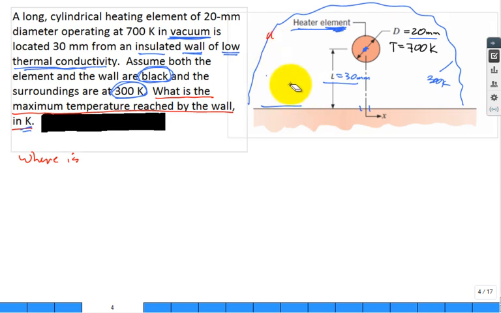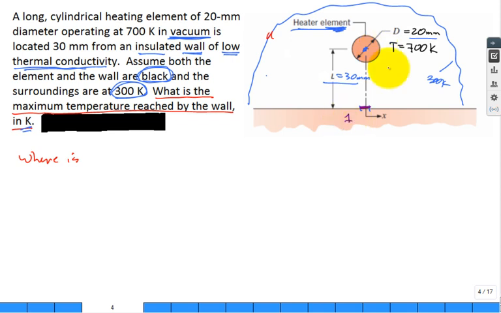But I have to say what would be a view factor from a small little element to a heater element. I can pick this one to be surface 1 and that to surface 2, or change it up and put 2 down here and 1 up there.